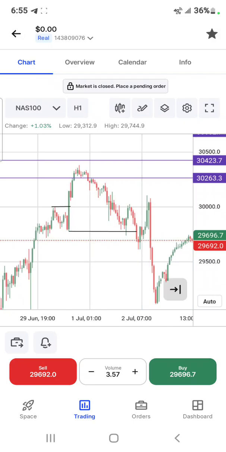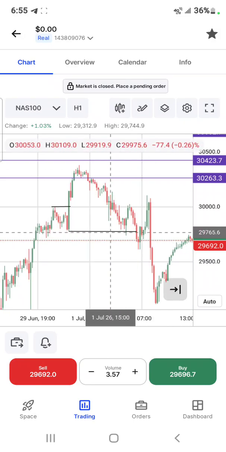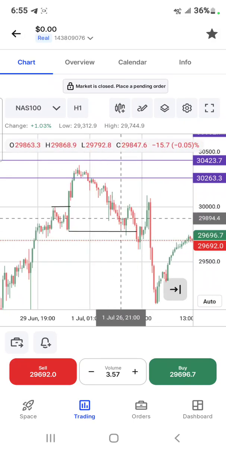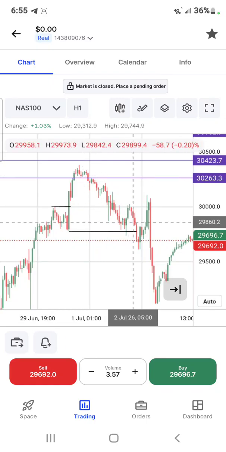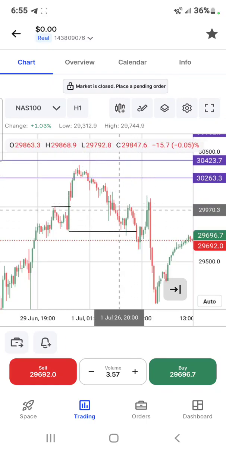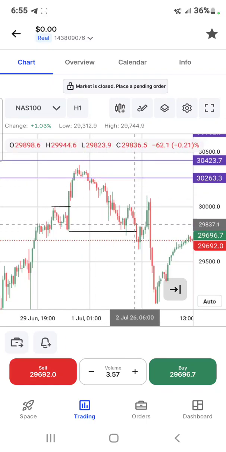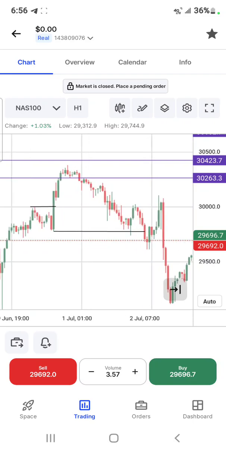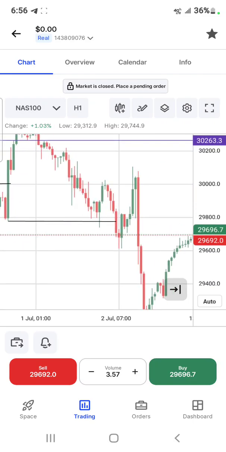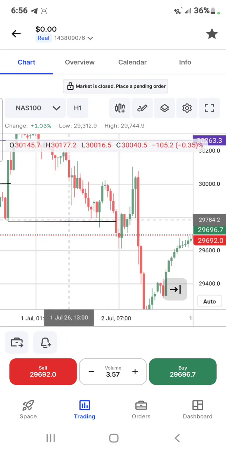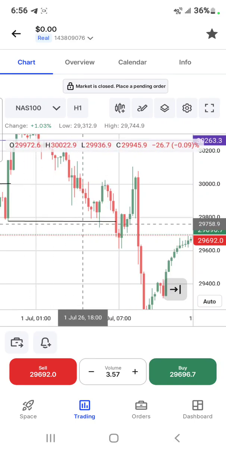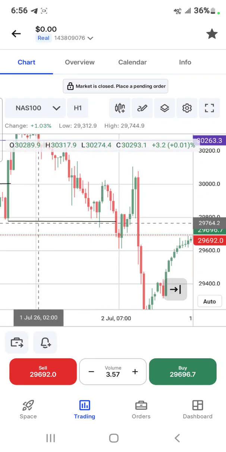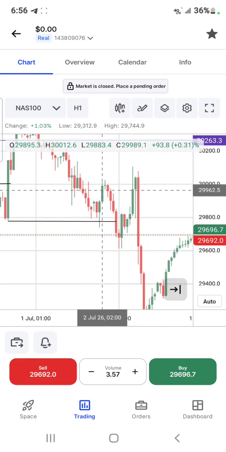Then after market shifted structure right here, looking at this retracement that happened here, you can see that there is no clear order block right there for entry. Then if you observe carefully, before market took out this low, we had a kind of pullback here.